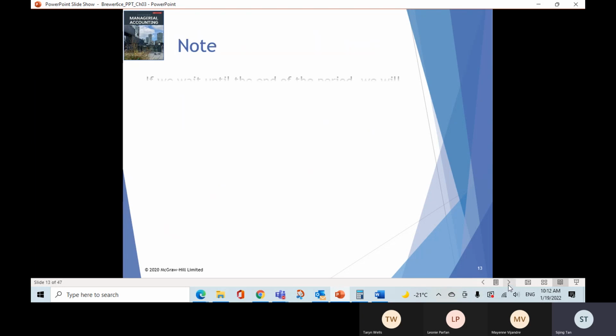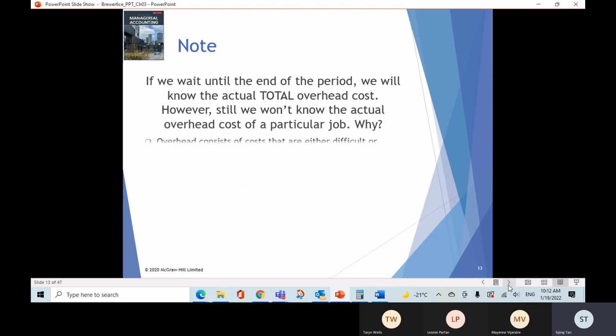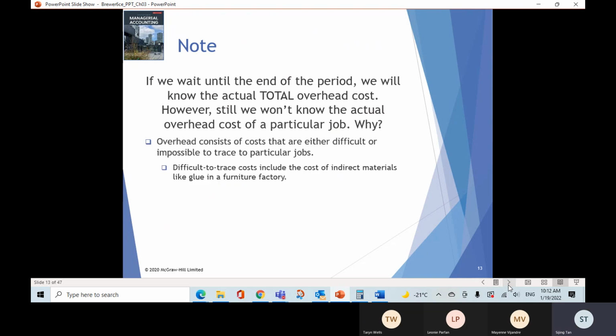If we wait until the end of the period, we will know the actual total overhead cost. However, we still won't know the actual overhead cost of a particular job. Why? Because overhead consists of costs that are either difficult or impossible to trace to particular jobs.